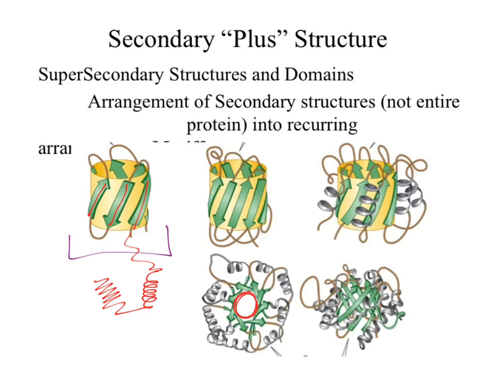So if it comes up hydrophilic, it may attach to the surface of the membrane, but how can it possibly pass through? You're going to have a hydrophilic, hydrophobic repulsion, and it won't be able to make it through the membrane. So we need some way to allow things to pass through, particularly in a controlled fashion. These types of protein folds can allow for porosity, can allow things to pass through.